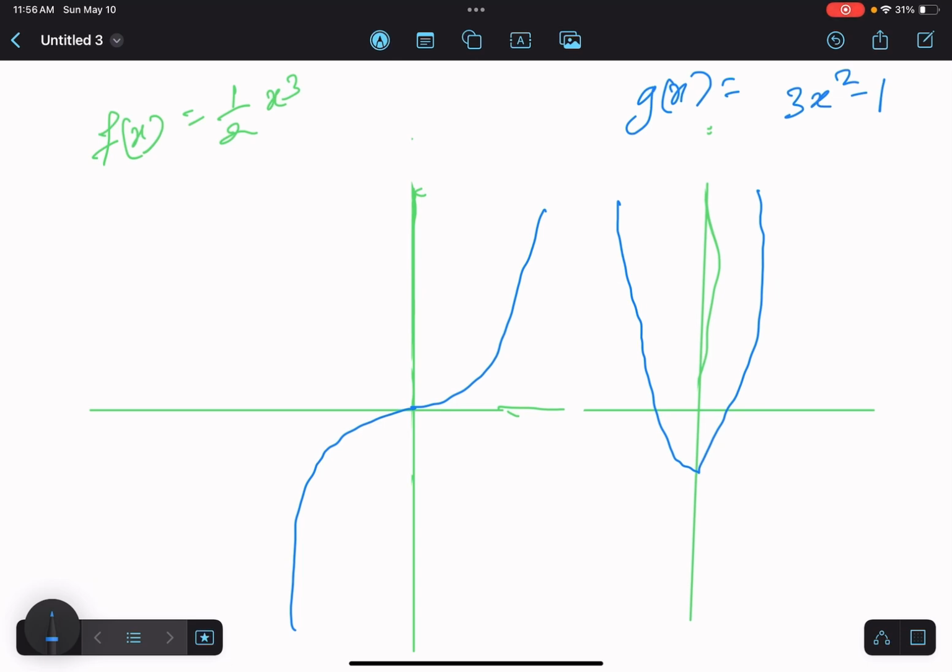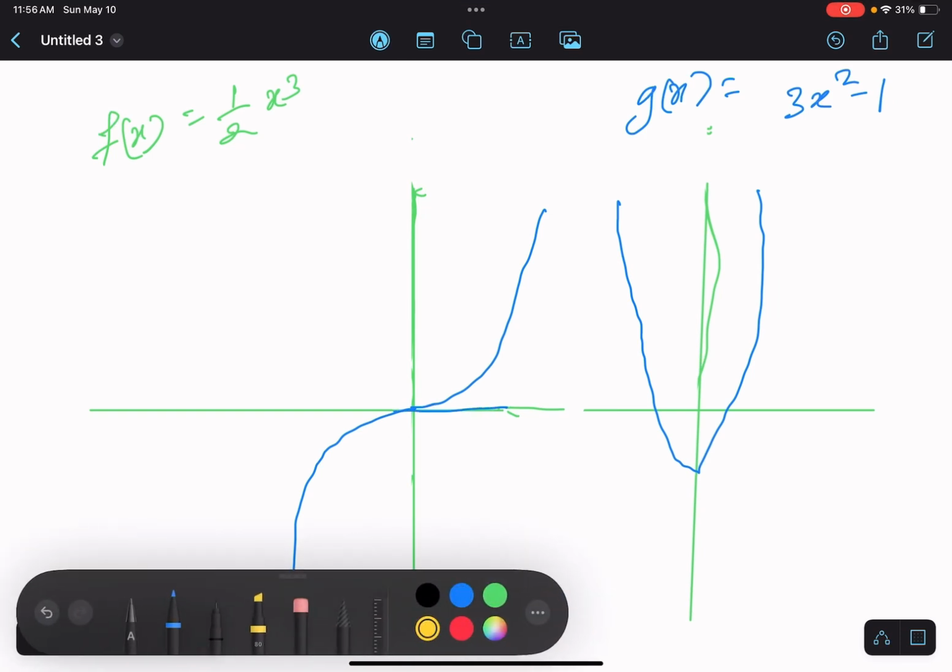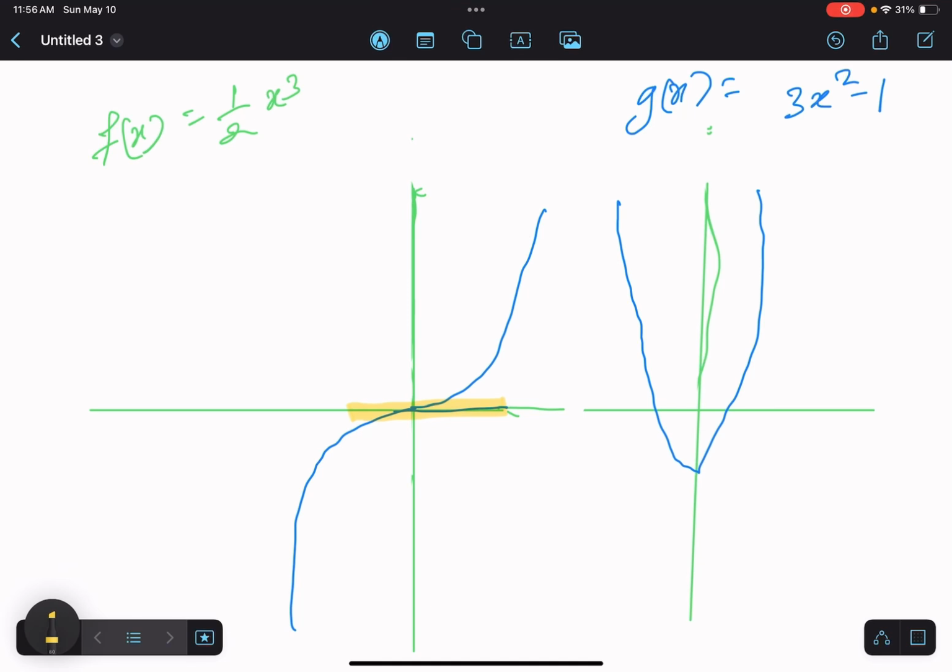Now what you see here is that the graph of an odd function is symmetric about the origin. You can see from here and here they are just two parts. One is just this and another is just this, right? So the graph of an odd function is symmetric about the origin.